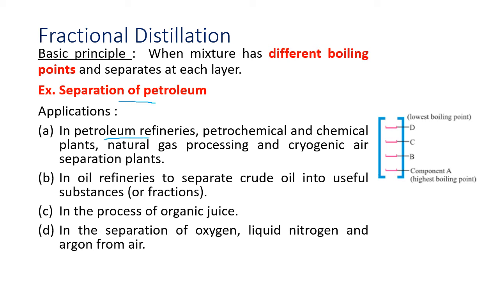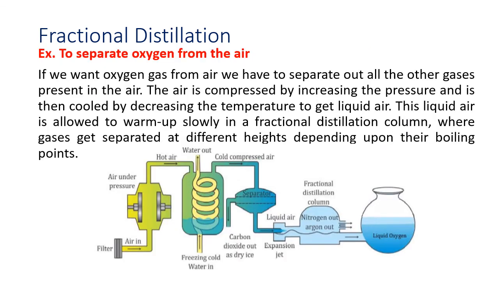In petroleum refineries, natural gas processing, in oil refineries to separate the crude oil into useful substances or fractions, and in the separation of oxygen, liquid nitrogen and argon from air. We can even separate the components of air by fractional distillation. And all this is possible because all the components have different boiling points.